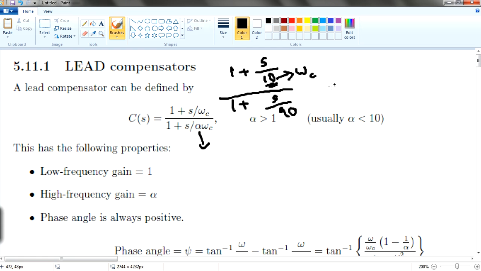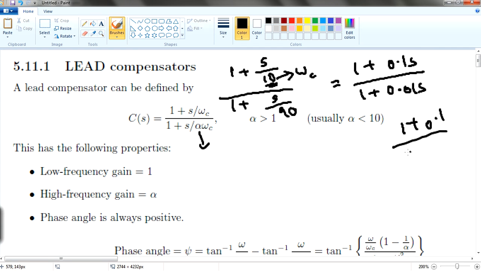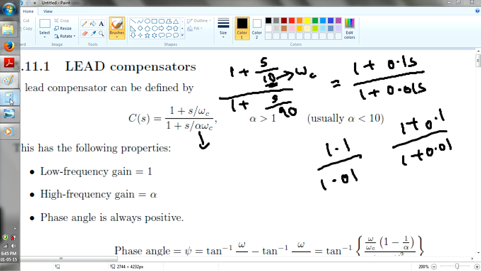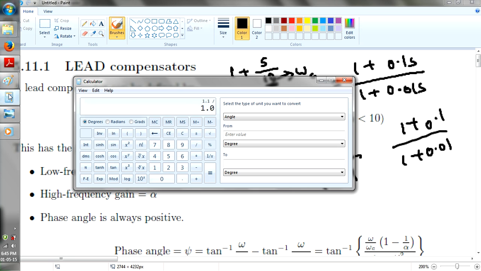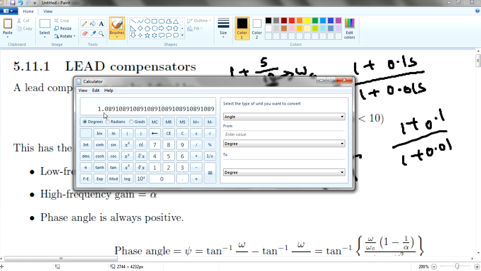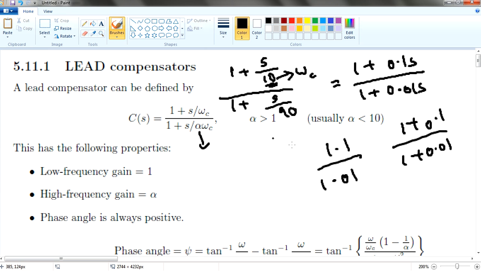If you take a close look, you have 1 plus 0.1 S divided by 1 plus 0.01 S. If my S value is, say, 1, just as an example, then I'll have 1.1 divided by 1.01, which increases by a small amount, about 1.089.